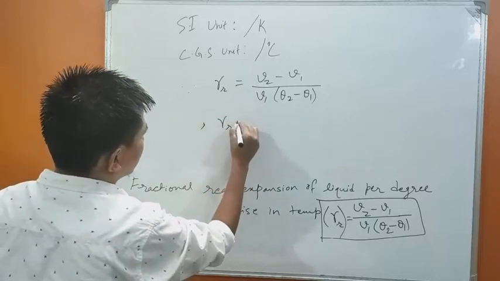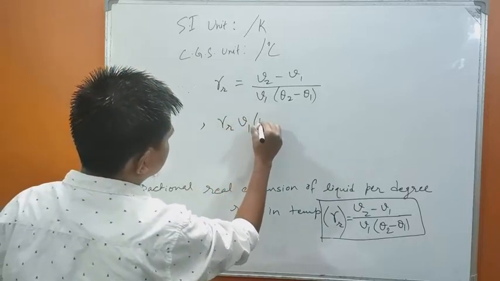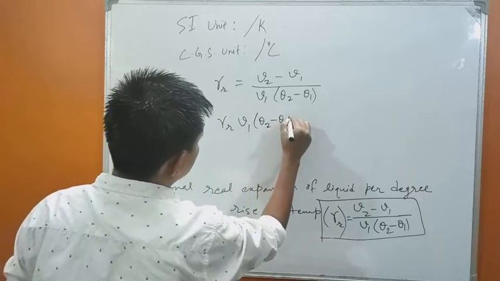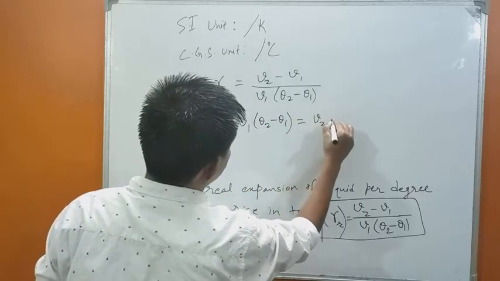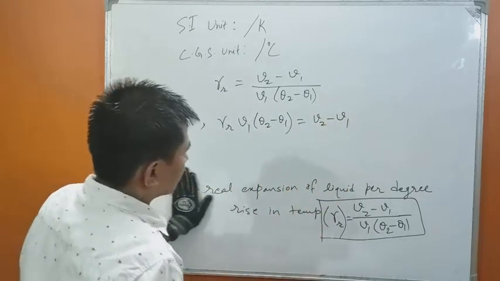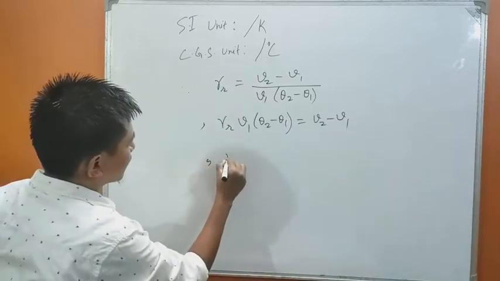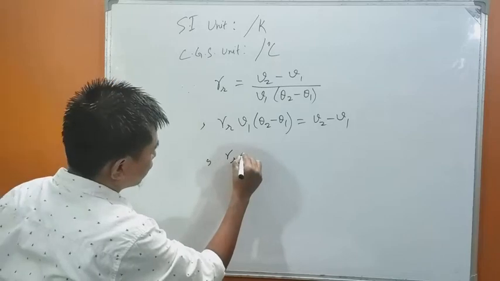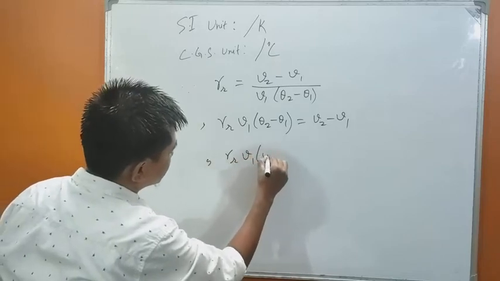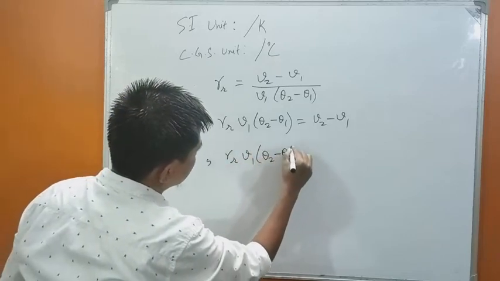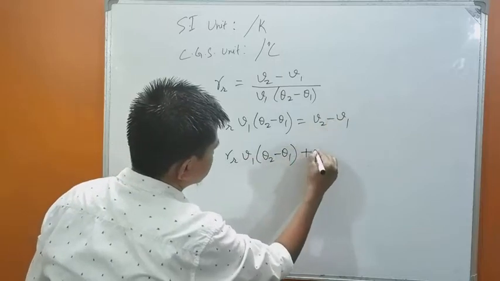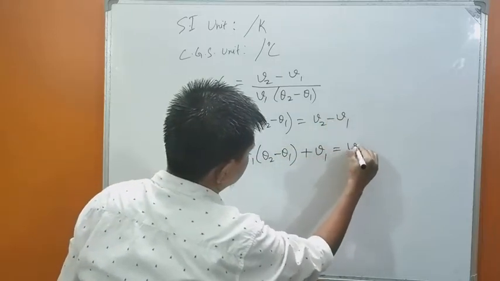Gamma R into V1 into θ2 minus θ1 equal to V2 minus V1. Now let us bring this minus V1 to the left hand side, so gamma R V1 into θ2 minus θ1 plus V1 equal to V2.